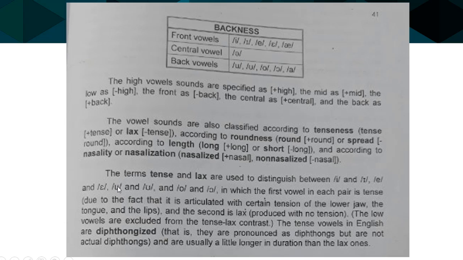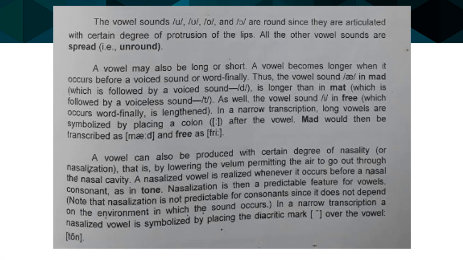This is tense, this is tense, this is tense. This is lax, this is lax, this is lax, and this is lax, okay? Students, you can read this in Rubén Villarreal's book.